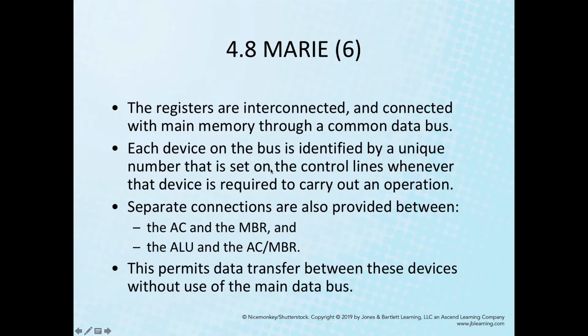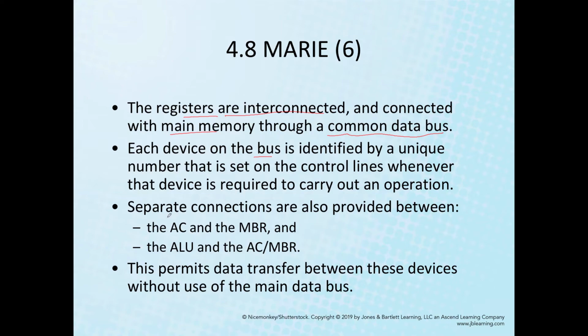Then all registers are interconnected. Also, registers are connected with the main memory through a common data bus. Each device on the bus is uniquely identified, so that, based on the control, you can have them communicate.